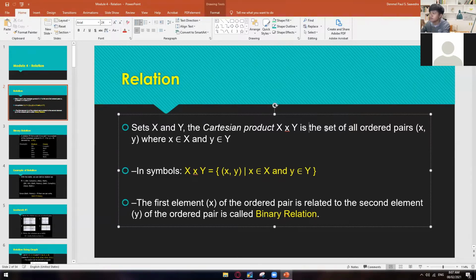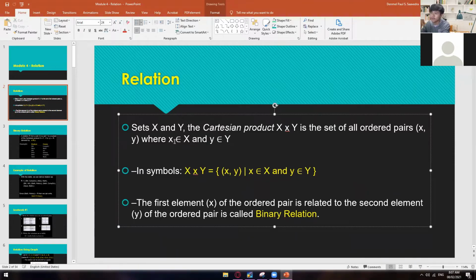Here's your first coordinate, here's your second coordinate. Whatever are the elements of your X, that is your first, and whatever are the elements of your Y, that is the second coordinate.